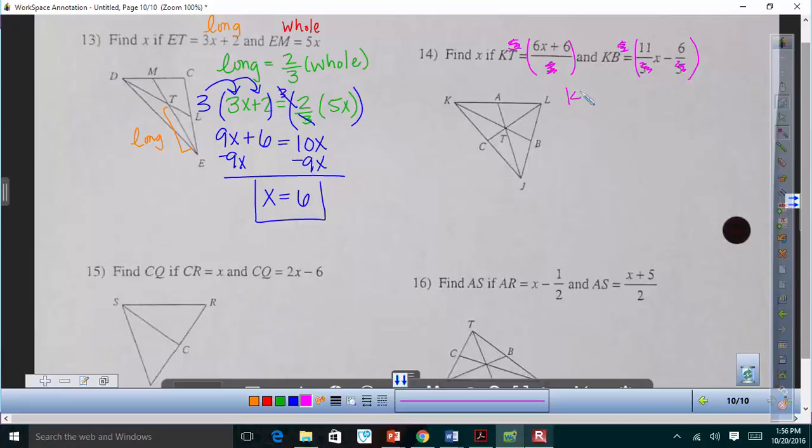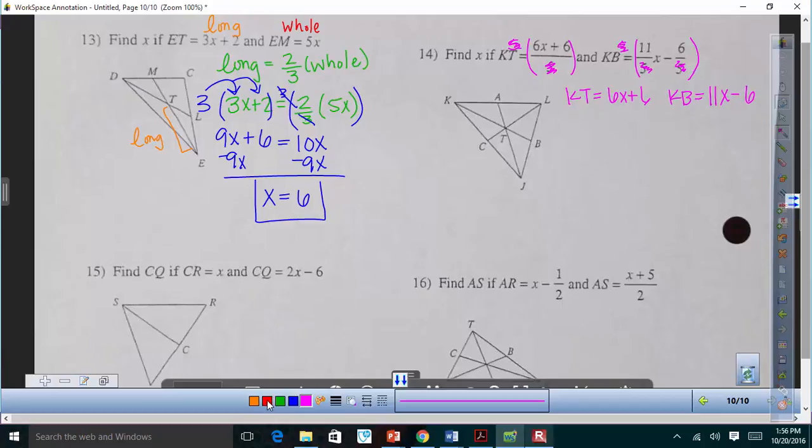So KT is now 6x plus 6, and KB is 11x minus 6. Okay, and then you just decide, is that the long piece, short piece, whole, and then plug it in.